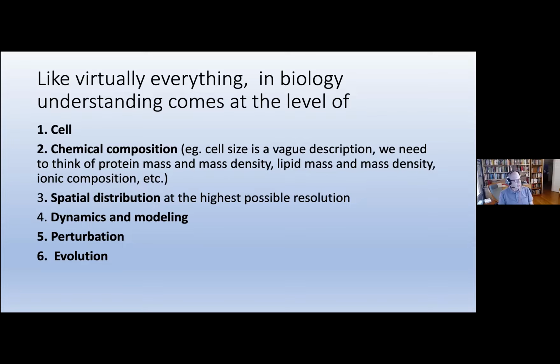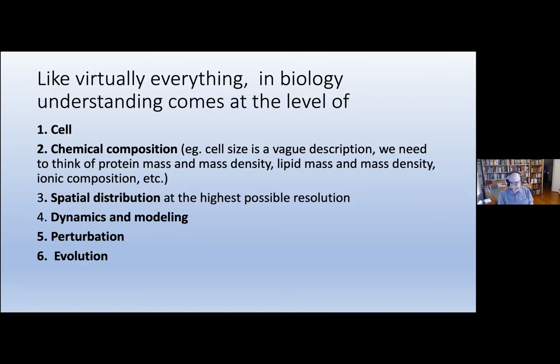So this is my conclusion here, is that like virtually everything in biology, understanding comes at the level of the cell, or a lot of understanding, not complete understanding. Knowledge of chemical composition. So the concept of cell size is a very vague one. It's also poorly measured. And we need to think about protein mass and mass density and lipid mass and mass density and ionic composition.